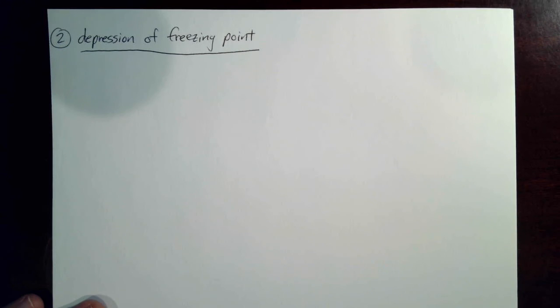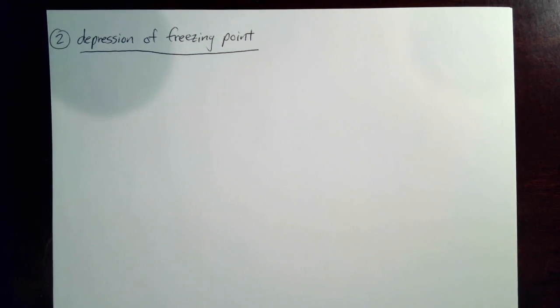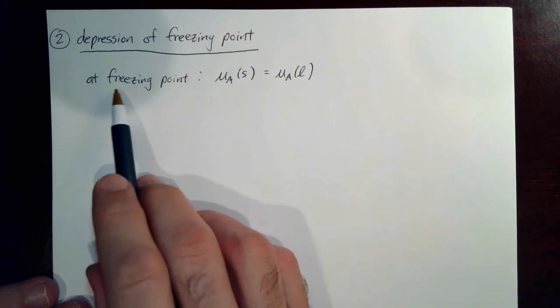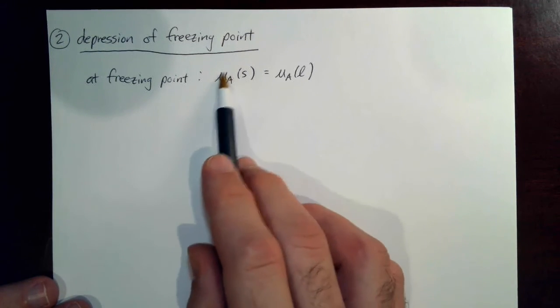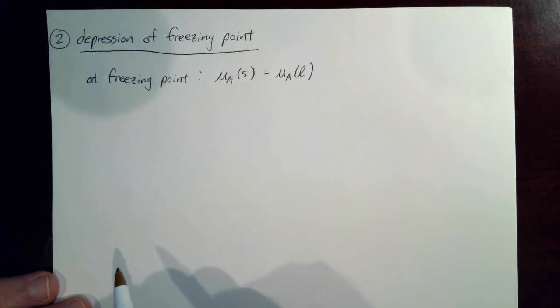Okay, so let's talk about the second item on the list of colligative properties, and that was the depression of the freezing point. So it's going to proceed very similarly to before, and so this part will be pretty short because we've already done most of the work. So remember, at the freezing point, the solid and liquid phases are in equilibrium, so their chemical potentials are equal to each other.